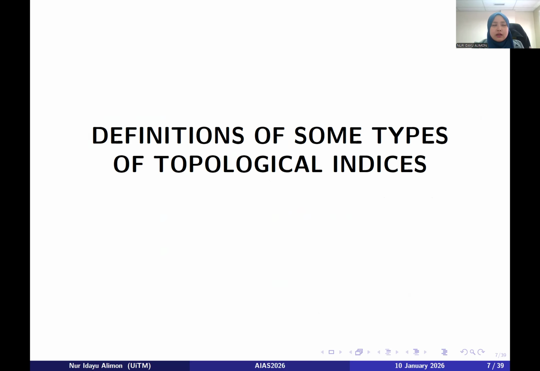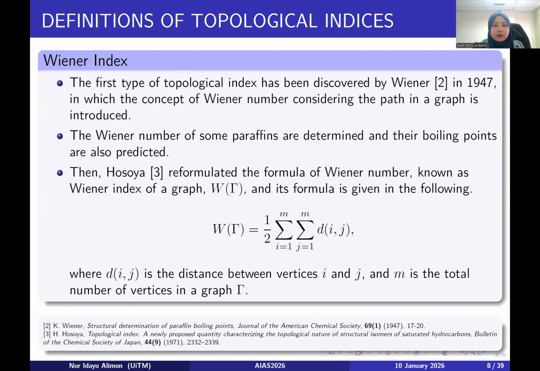Okay, so next are the definitions of some types of topological index. I mentioned the Wiener index just now. The Wiener index is the first type of topological index, discovered by Wiener in 1947, in which the concept of Wiener number, considering the path in a graph, is introduced.